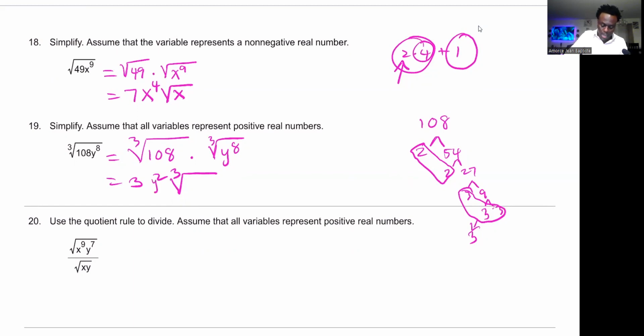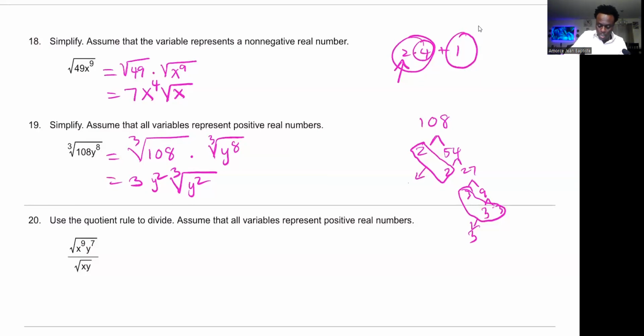So y squared also goes inside. So 3y squared, cube root of 4y squared. The 4 stays inside, and the y squared stays inside.